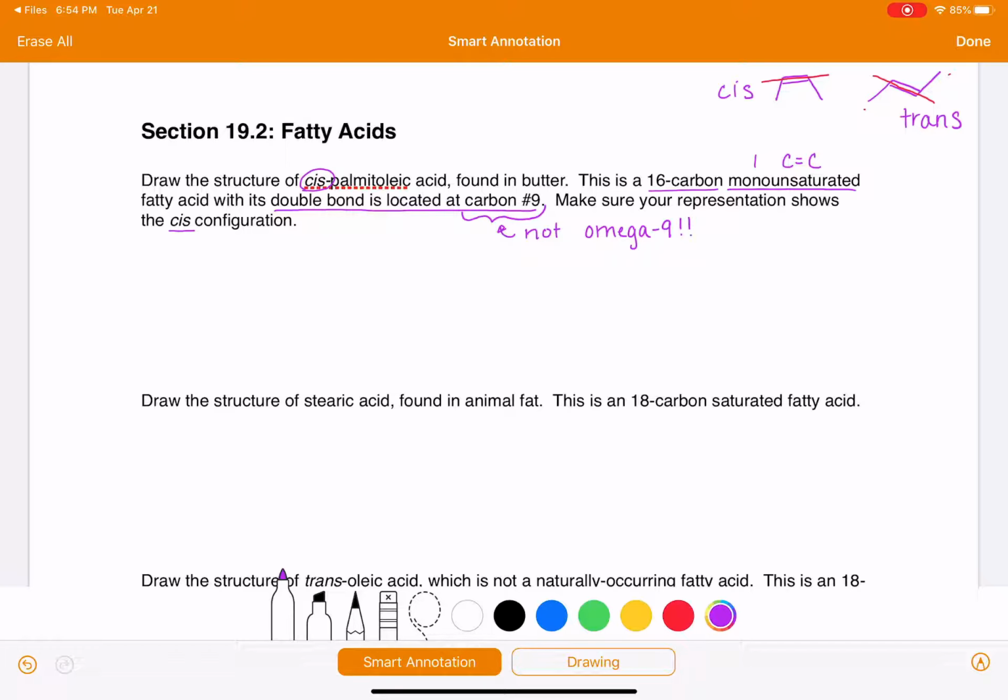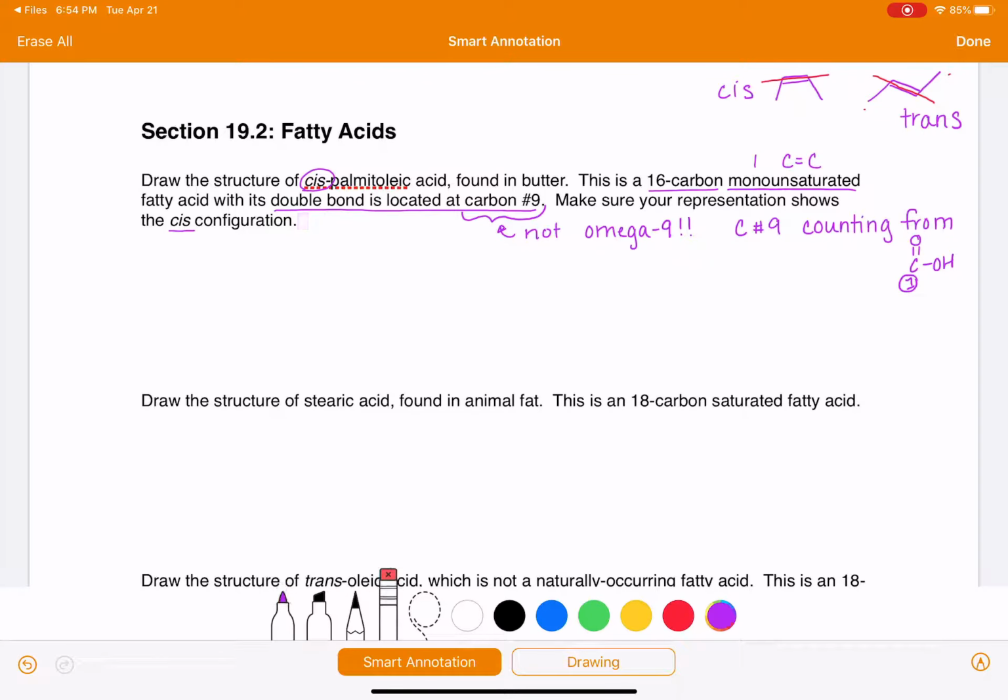Unless they specifically say omega 9, you're going to assume carbon number 9, counting like you would normally count from the carbon-oxygen double bond. That guy is going to be carbon number 1.